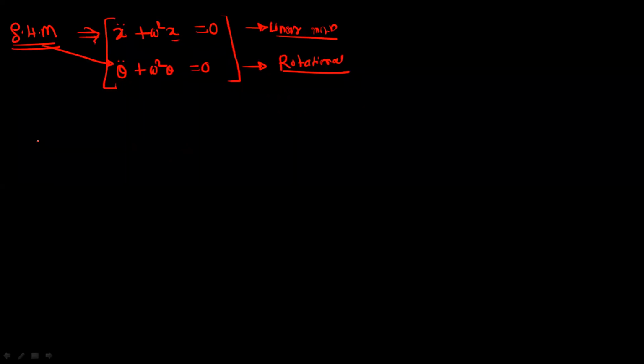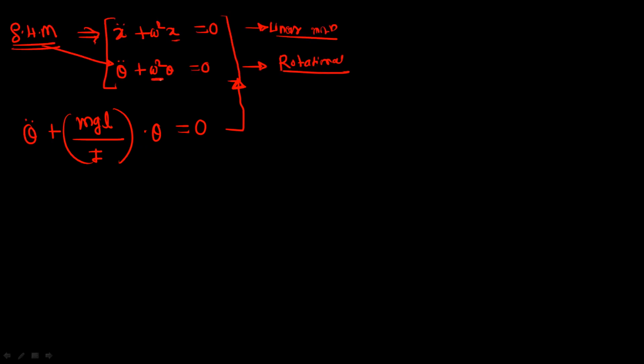So for this system, that is simple pendulum, we have got the equation theta double dot plus mgl upon I into theta is equal to 0. Okay. So this equation is similar to this equation. Theta double dot is the acceleration term, and theta is the displacement. Okay, that is angular displacement.